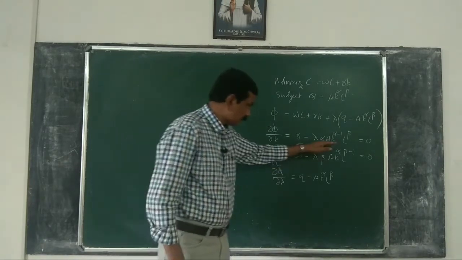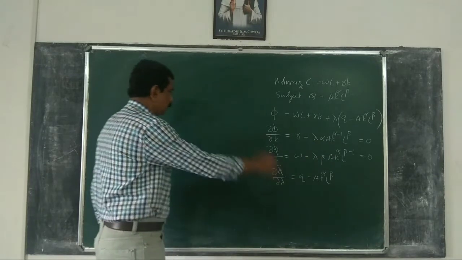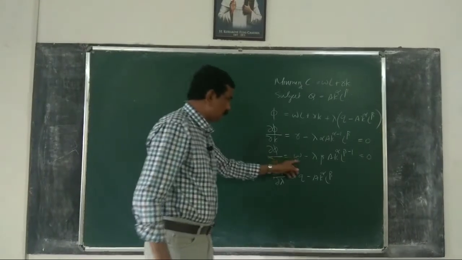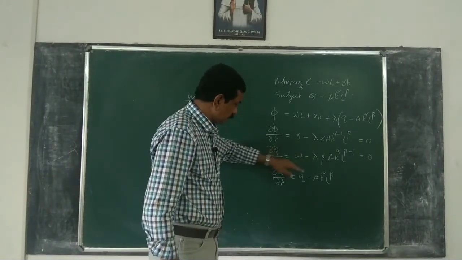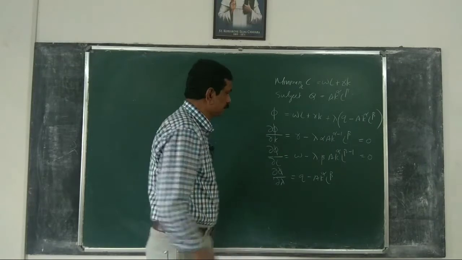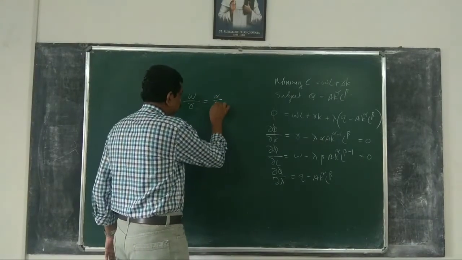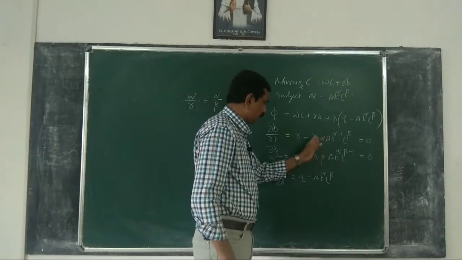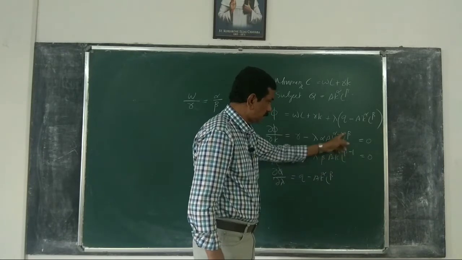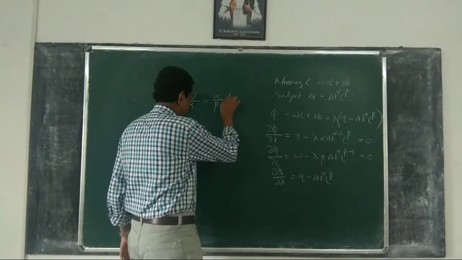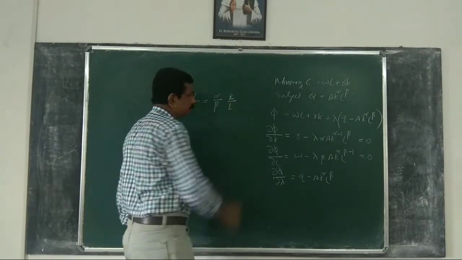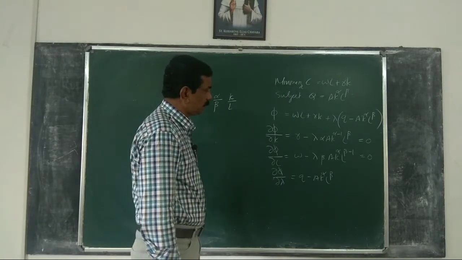Now, from the first two equations, dividing the second with the first, you will get W by R as equal to beta by alpha into K by L. Lambda, A, etc. will be cancelled.